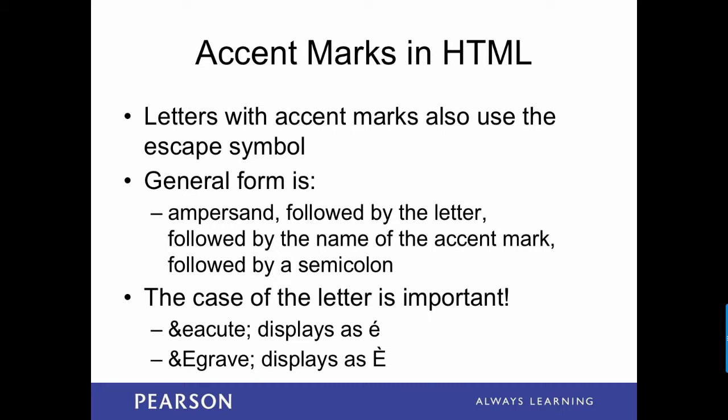Same thing with accent marks and special characters in certain languages. They have this syntax of writing. Ampersand E acute semicolon will display the E with the accent mark above it, and the same with ampersand E grave, which displays the capital E. These are also HTML entities, and you'll learn more about them throughout this class.